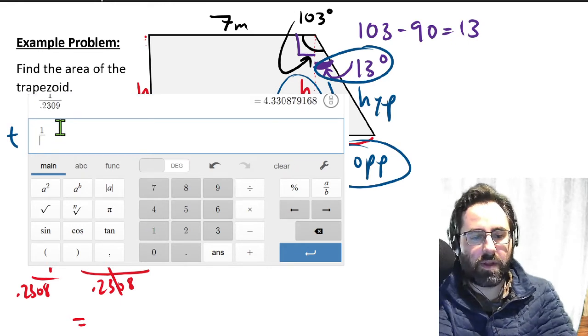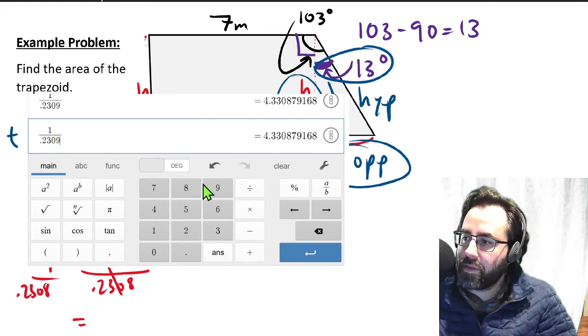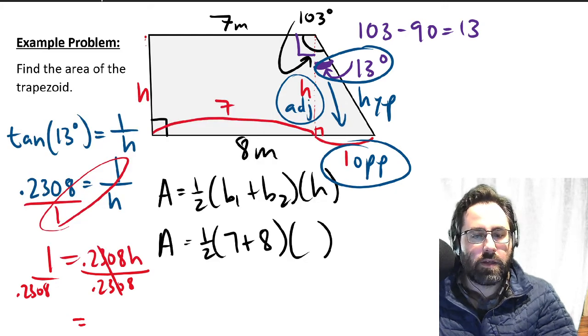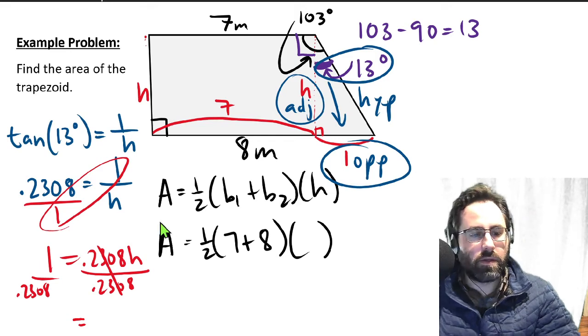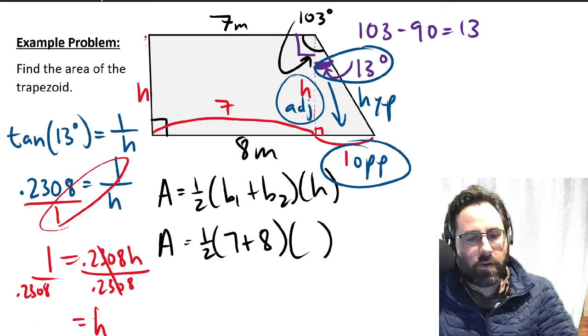Just bear with me. 1 divided by 0.2309 is 4.33. All right, there it is. Cool. That's the length. We just divided. That was our last step. Let's write it down. So the height is 4.3.